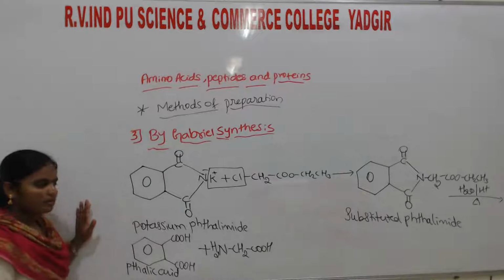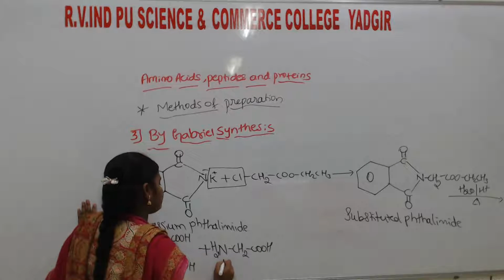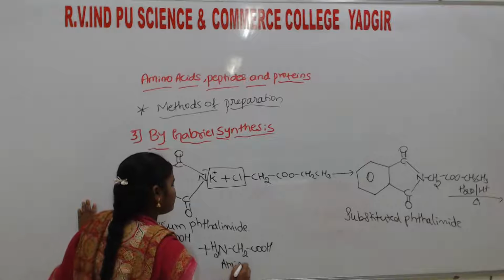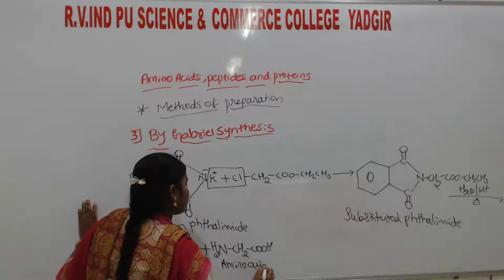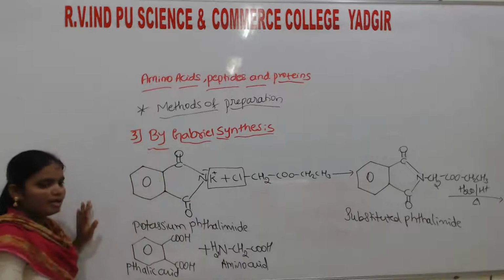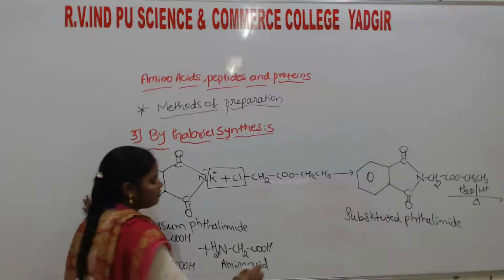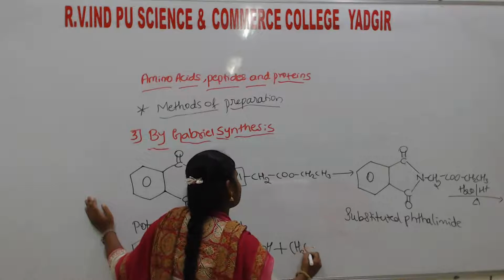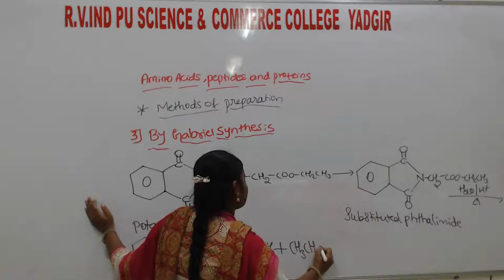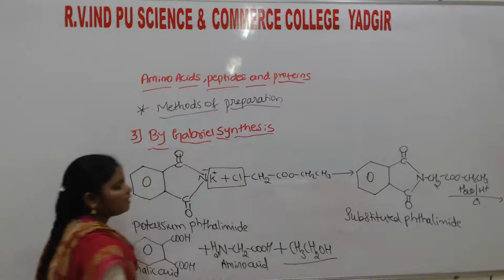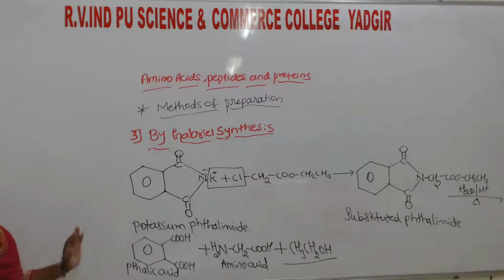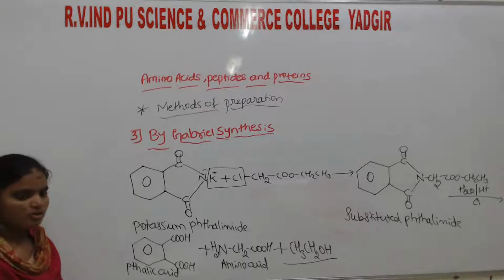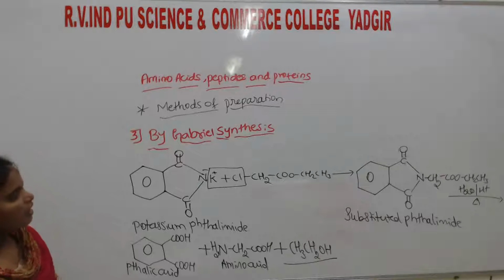This is an amino acid, plus another byproduct, CH3CH2OH. On hydrolysis, ethyl alcohol is formed. This is the Gabriel synthesis.